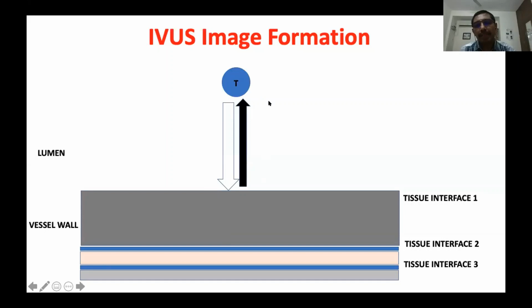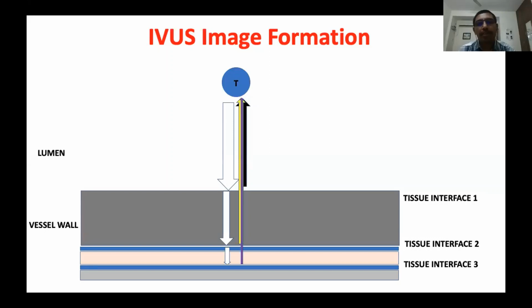We all know the velocity of sound is 1540 meters per second. When this is multiplied by the travel time, you get the depth, meaning the length it has traveled. That gives you the depth information. Here, the first interface is the shortest distance traveled. Then the next is much more than the first interface, and this wave traveled much more.